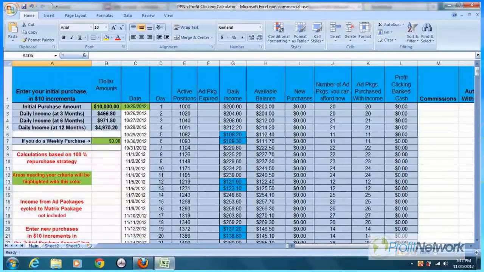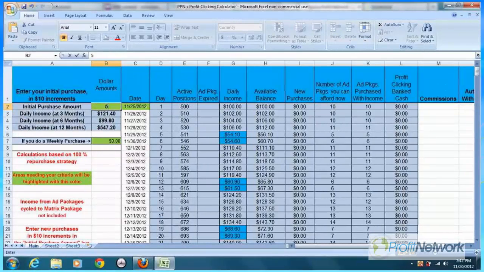Up here at the very top, for this calculator, everything that's in green is basically the areas you want to edit. Okay, so if you edit the date right here, you can change it to 11/25, and it'll change the rest for you. This initial purchase amount, that's where you put whatever your account looks like.